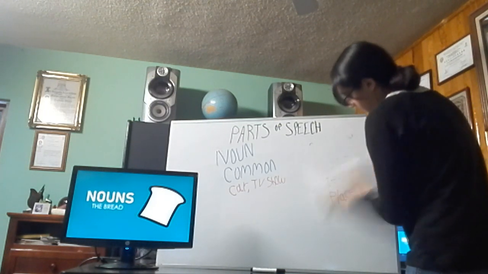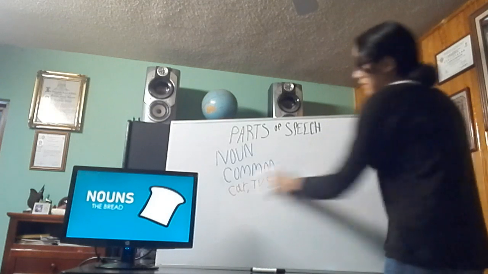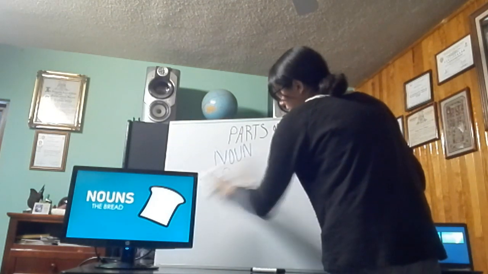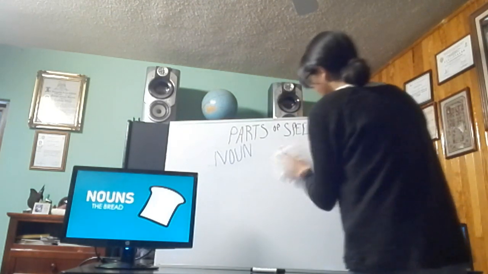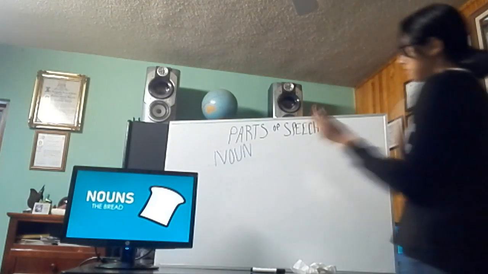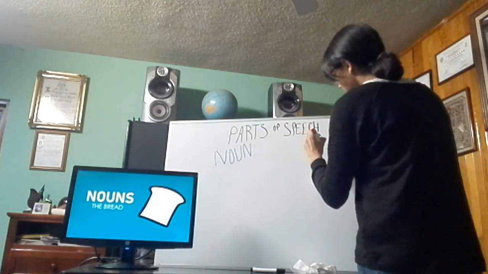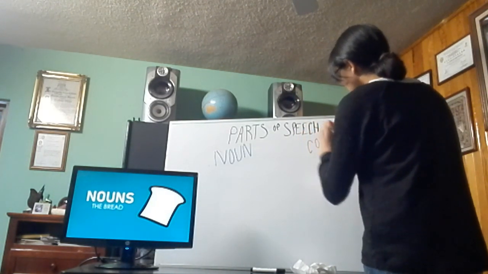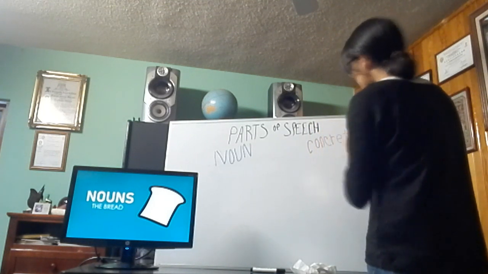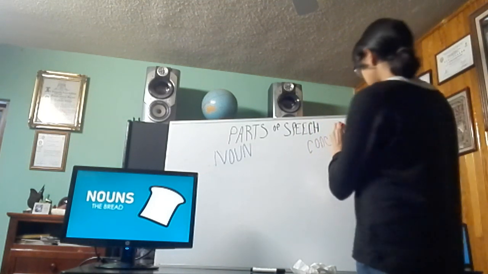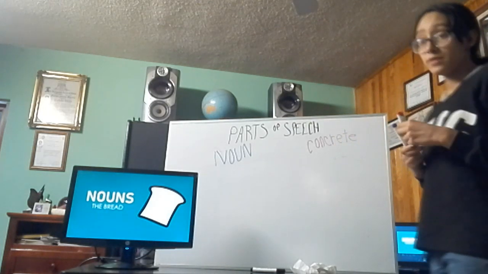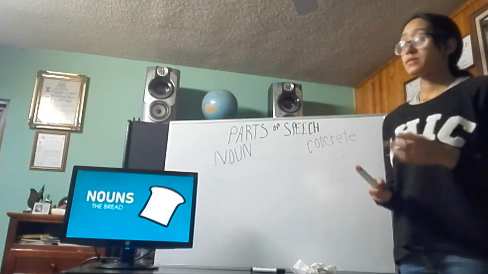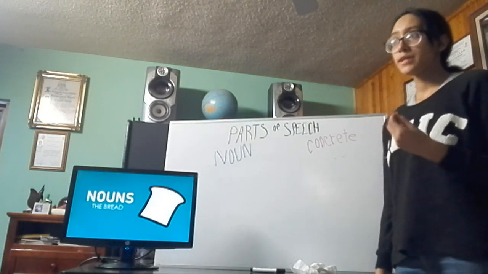Other ways that you can classify a noun are these: you can say that a noun is abstract, or you can say that a noun is concrete. When we talk about concrete nouns, we are usually talking about things that we can perceive with our 5 senses. Concrete nouns are the ones that we can touch, that we can see, that we can smell.